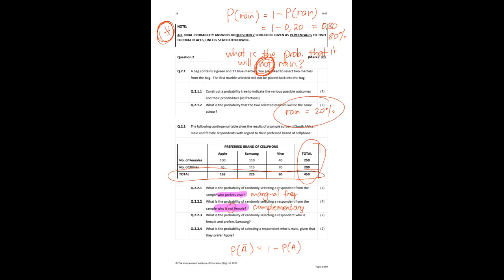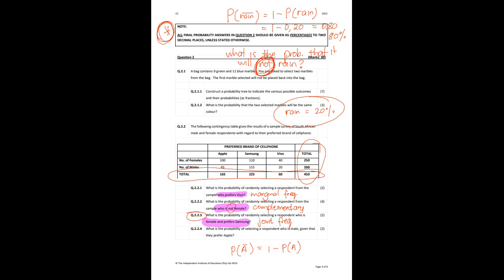Then you have, in question 2.2.3, what is the probability of randomly selecting a respondent who is female and prefers Samsung? So this is an example of a joint frequency, meaning it's not one single frequency or one single variable you're looking at any longer.